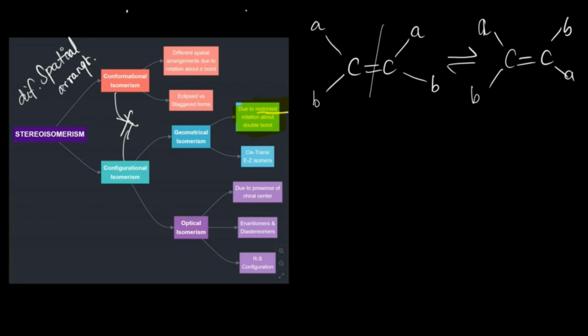Can I get this molecule by rotation? Obviously not, because the rotation is restricted by the double bond. So this is a different molecule. So what would be the names of these? Let's name them depending on the attachments. Here we have two types of configurations. The first one is cis-trans isomerism.